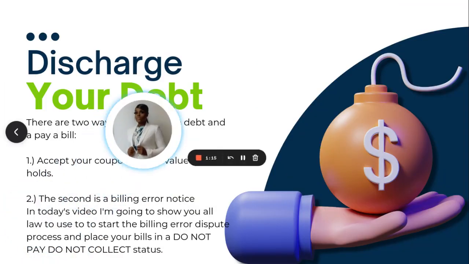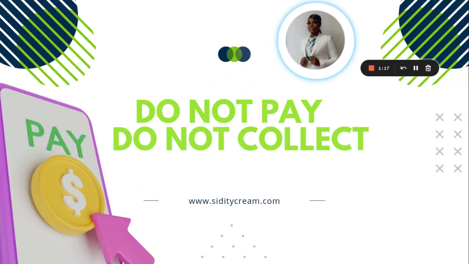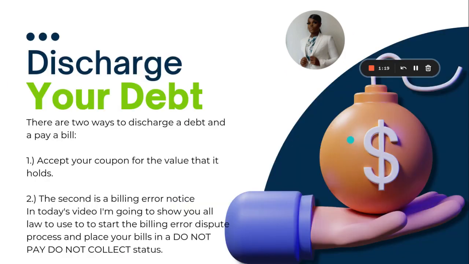Now, first and foremost, when it comes to discharging your debt, there are two ways to discharge a debt and pay a bill, right? The first would be to accept the coupon for the value that it holds. As we all know, that coupon is the remittance coupon at the bottom of our bills that comes in the mail each month to let you know how much of your credit you've used.